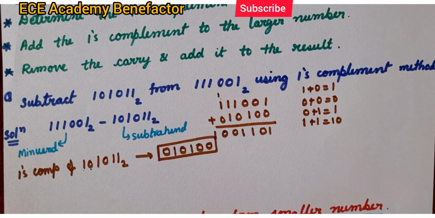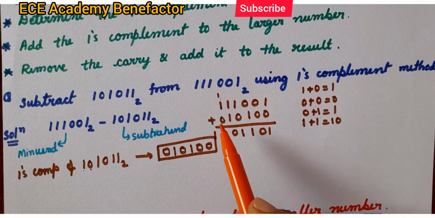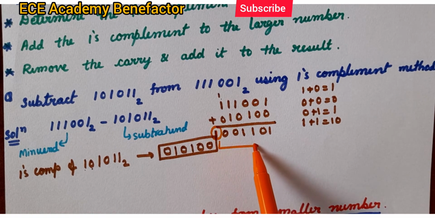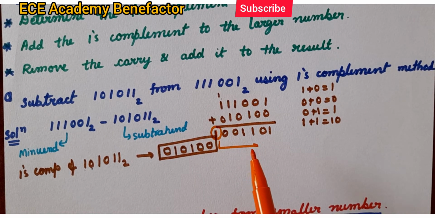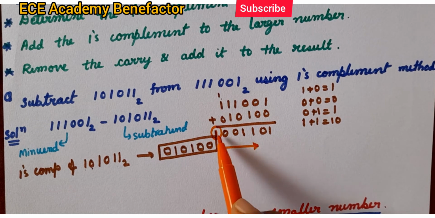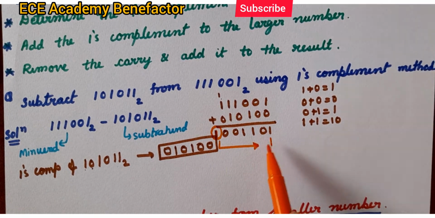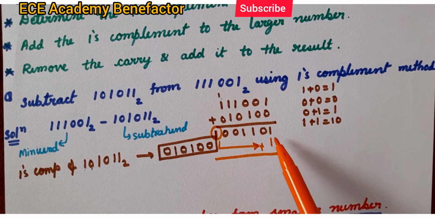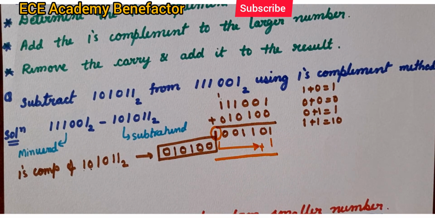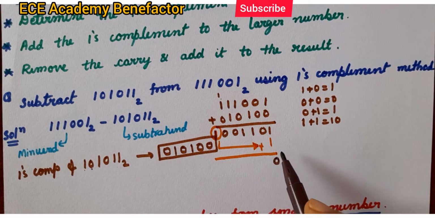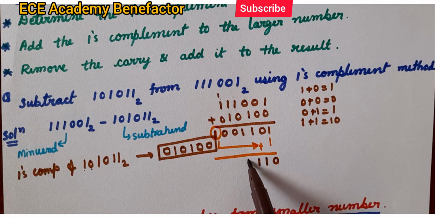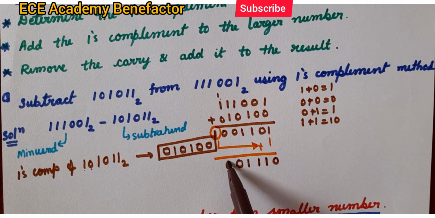Okay, 10. So, what you have to do to this one? Remove the carry. Here 1 is generated, you have to add this 1. Remove the carry and add it to the result. So, remove this carry and add it to the result. 1 plus 1 is 0, 1 carry, 1, 1, 1, double 0.